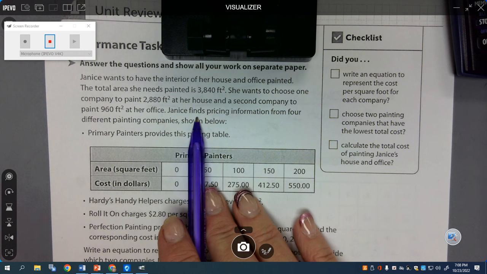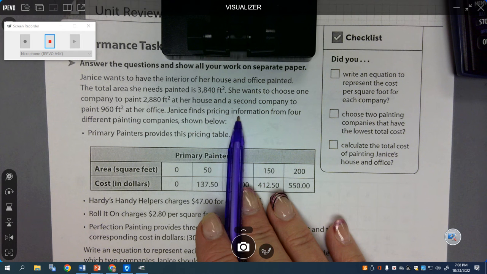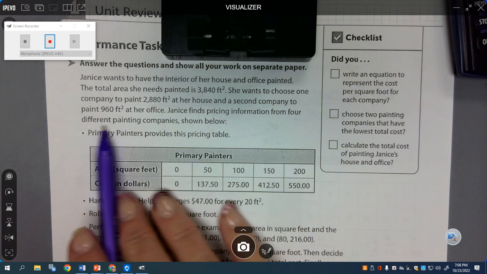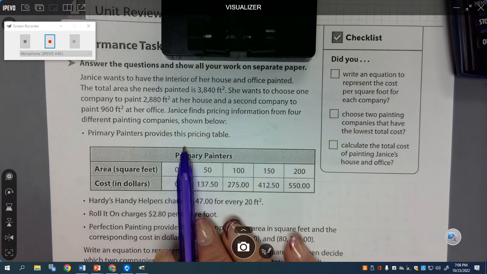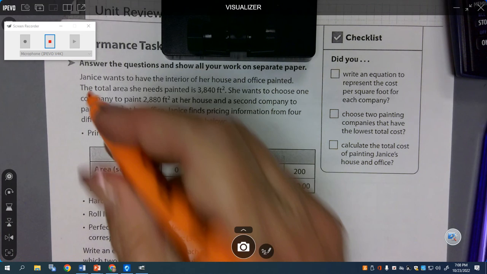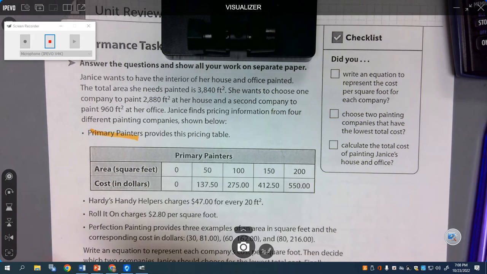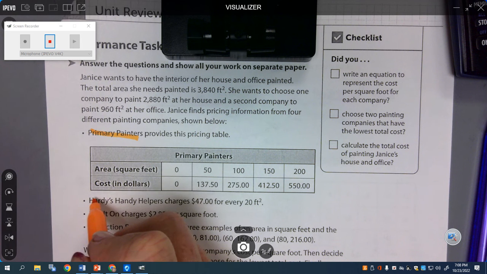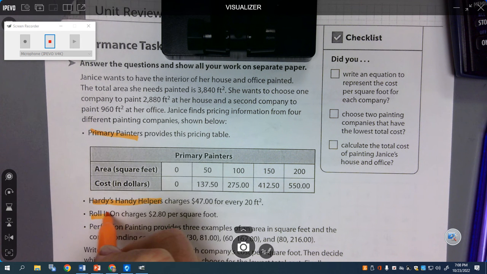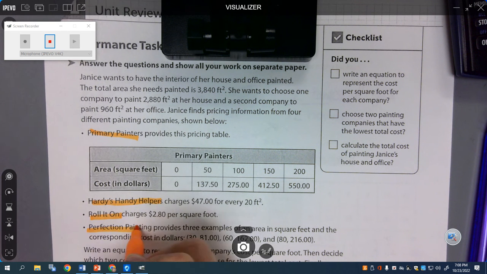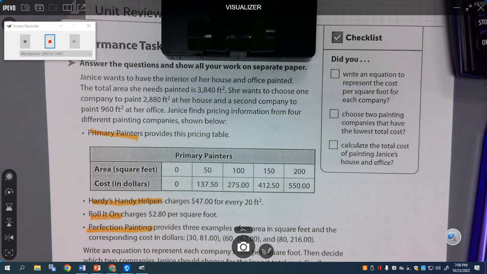Janice finds the pricing below from the 4 different painting companies shown below. So we have Primary Painters, Hardy Handy's Helpers, Roll It On, and Perfection Painting. Those are the 4 different companies that we're going to compare.